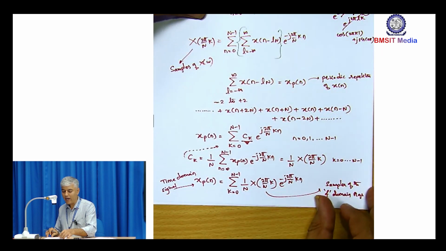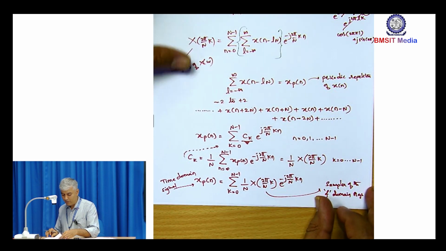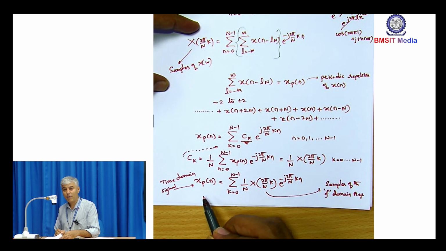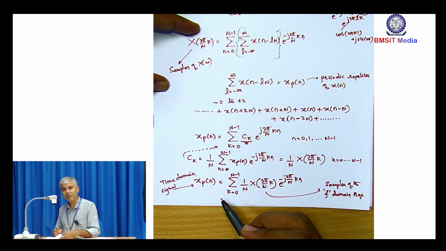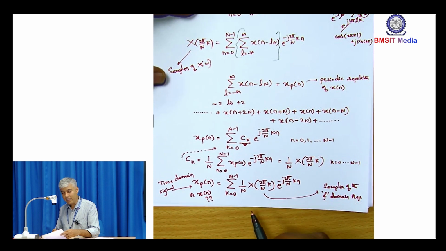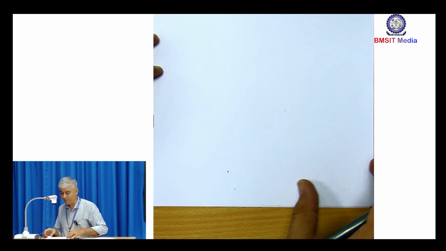Now you may have one question here. On the left hand side we have written xp of n, but what is the time domain signal that we considered? Is it xp of n or x of n? Our signal is actually x of n, right?